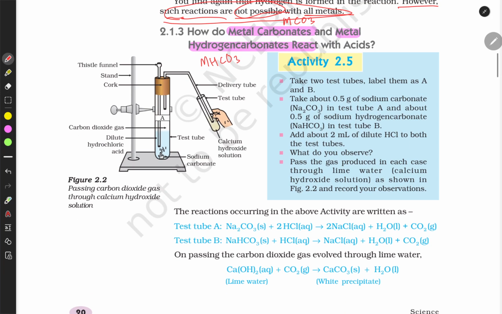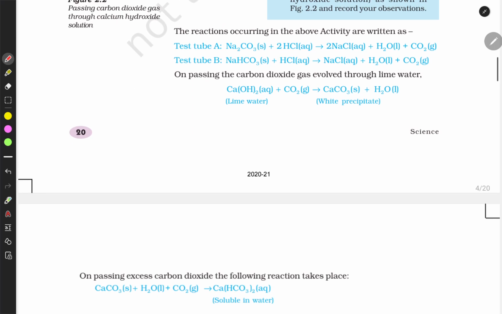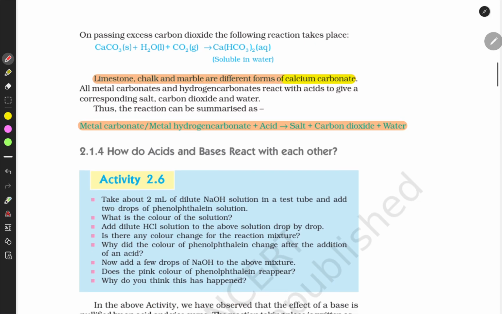How do metal carbonates and metal hydrogencarbonates react with acid? This is the formula for metal carbonate: metal M, carbonate CO3, and for metal hydrogencarbonate, hydrogen comes into it. Limestone, chalk, and marble are different forms of calcium carbonate.